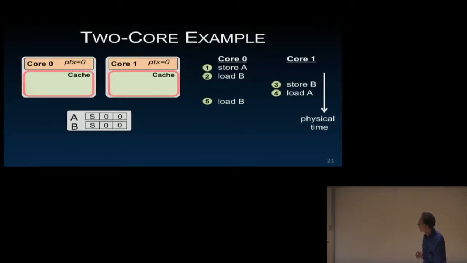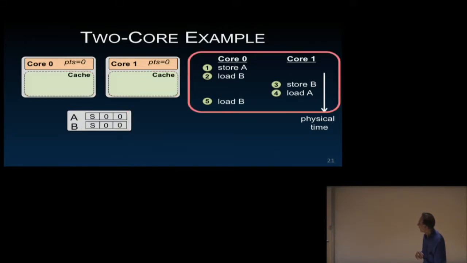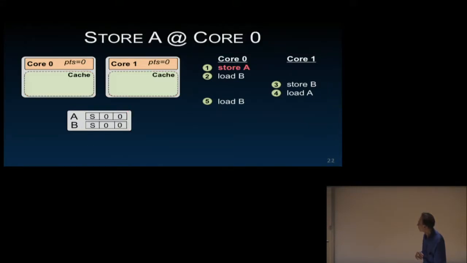Let's do the store. This is just going through the different things, the caches and so on. Let's do the store, and then what happens is you ask for a store request, and you just go ahead and modify it. There was no owner for it, so you got that, and you do whatever you want. I haven't shown you the data, but you clearly modified it, so the S turned into an M. Okay, that's it.